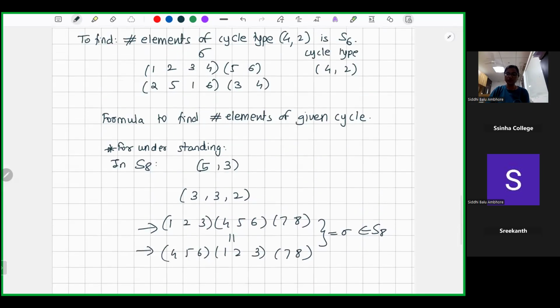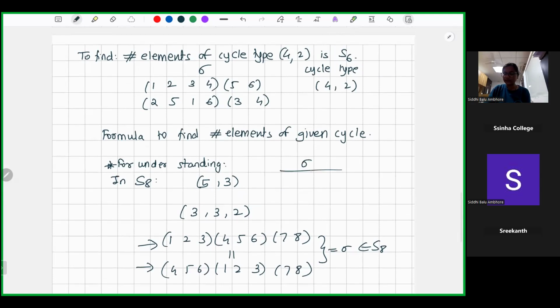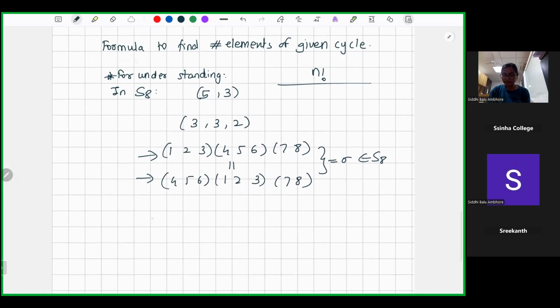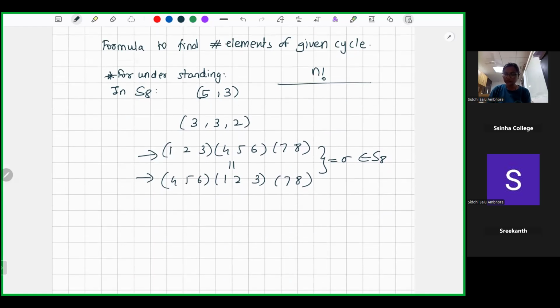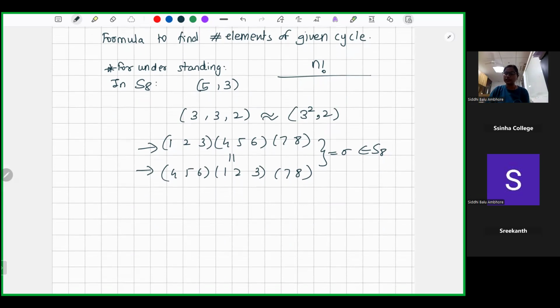To calculate this, sigma in Sn, n factorial will be my total. Here I will represent this cycle type 3, 3, 2 as 3 square 2.